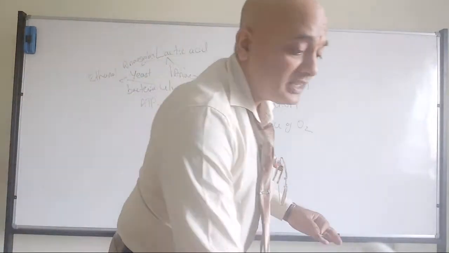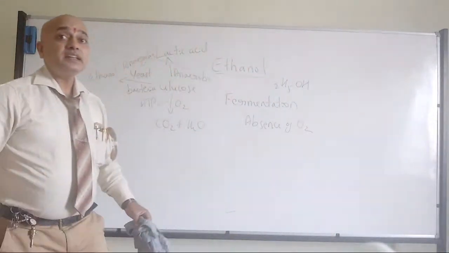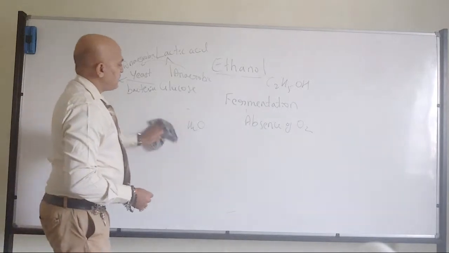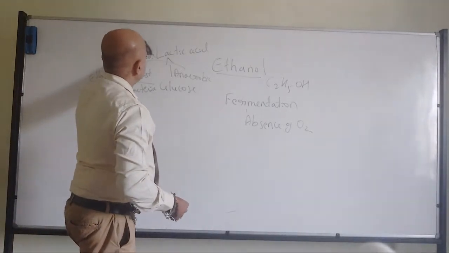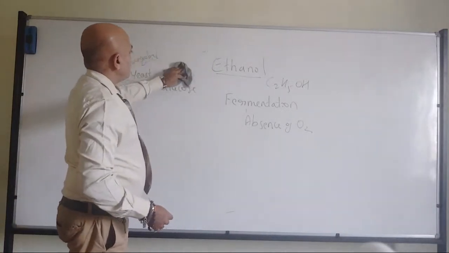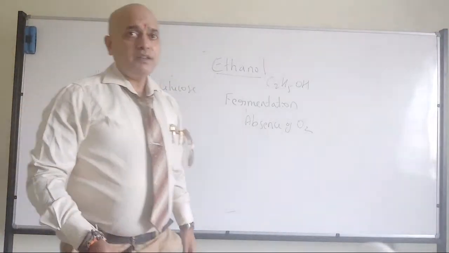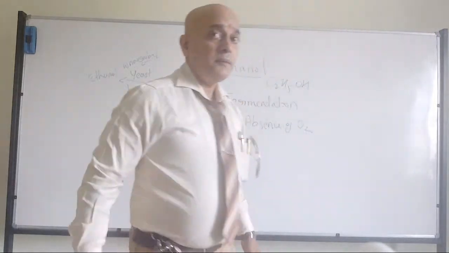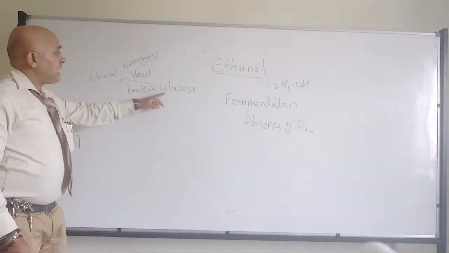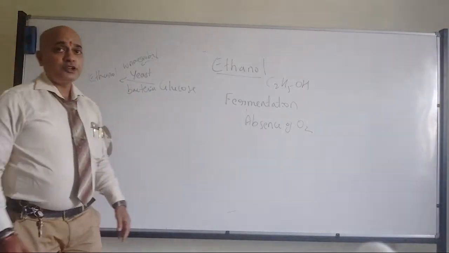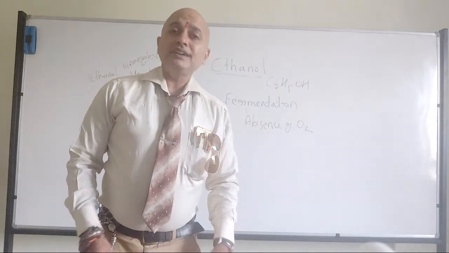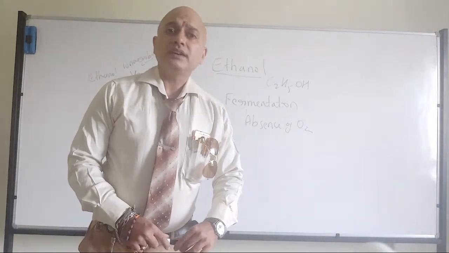So that's where it has been utilized for industrial purposes, where they make these organisms, bacteria or yeast, grow under anaerobic condition. Due to that, glucose will be getting converted into ethanol, right?